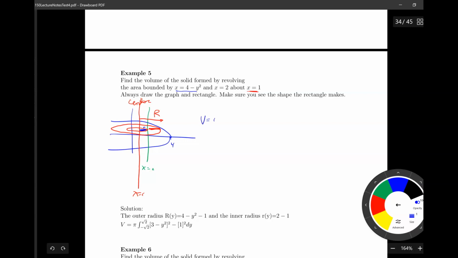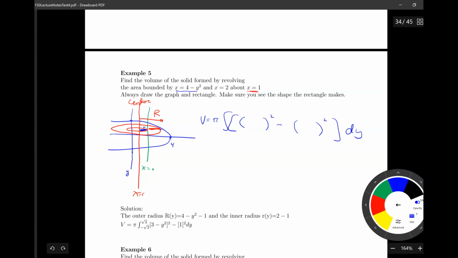All right, so my volume will be pi, outside radius squared minus inside radius squared, dy. All right. So remember, everything gets measured here from the y-axis. So in order to find this red distance of R, I have to start from the y-axis and say go all the way out to the parabola and then take off this distance of 1.